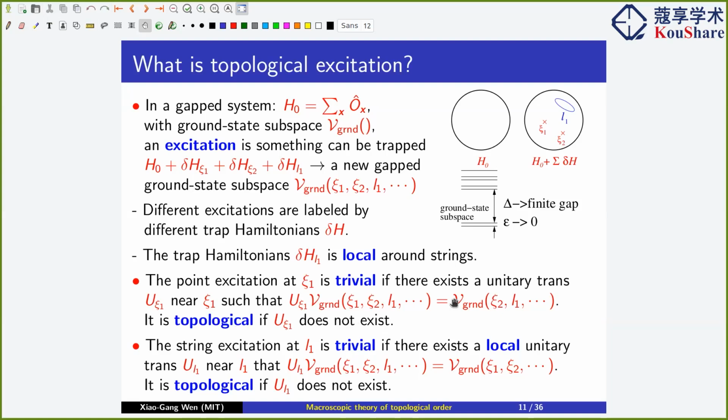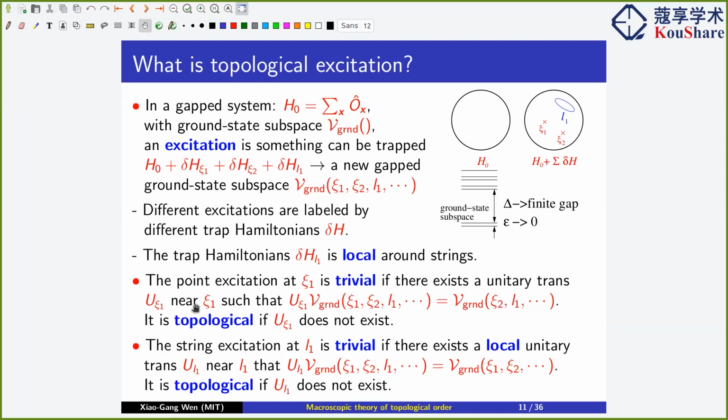This defines the types, and amazingly, for topological order there are only a finite number of types of excitation, although we have an infinite number of traps. Most traps are equivalent. There's only a finite number of inequivalent traps, and they define the topological excitations.